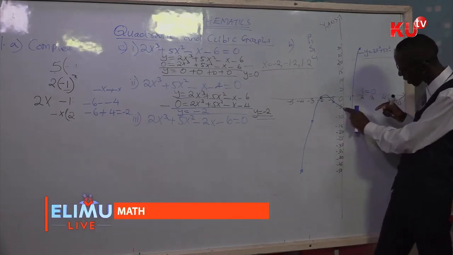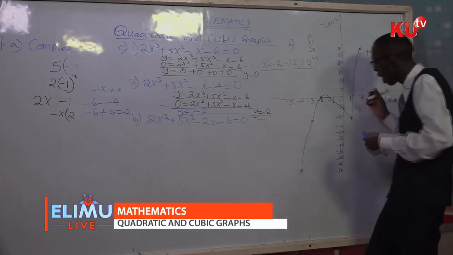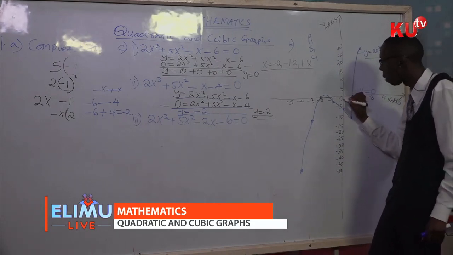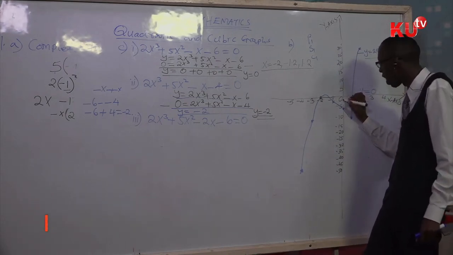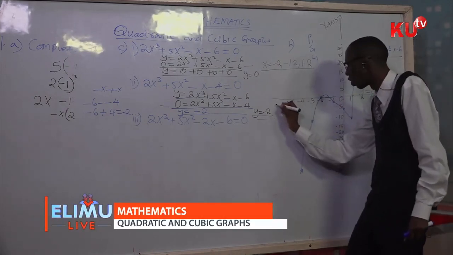In your y-axis, check where we have negative 2. So this is negative 5. 5 small boxes, which is one big box, is negative 5. So for our negative 2, you'll count 1 small box, 2 small boxes.